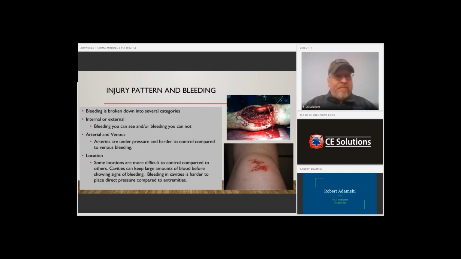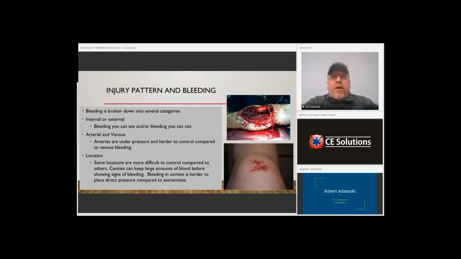a trauma center. Now, in addition to those types of categories, you can also categorize bleeding by the type of injury. You have lacerations versus avulsions versus amputations versus incisions or abrasions, all right? And that's the type of injury.